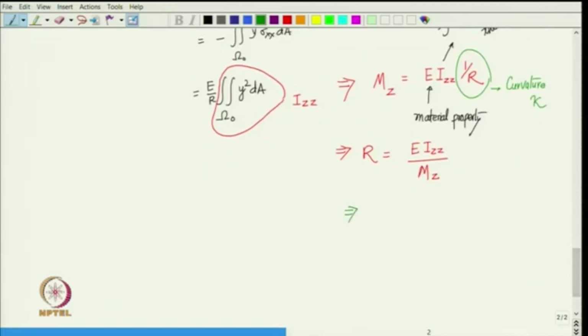So, this tells us also that the curvature kappa is moment m z divided by E I z z, or m z is equal to E I z z times the curvature, the bending curvature. And this combination here is called bending modulus.